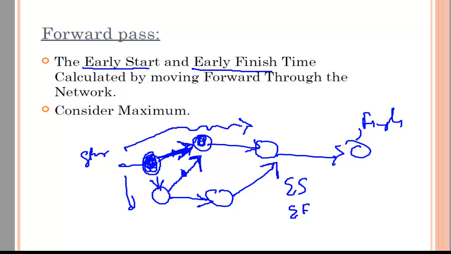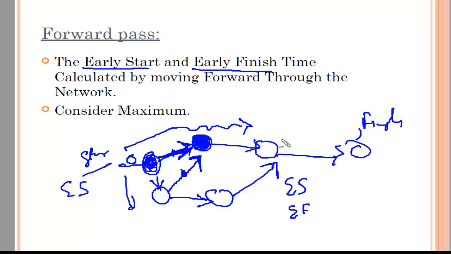When I calculate the maximum of these two, what we have in the beginning, the start node, is that the earliest start time for the start node is 0. We should know that the earliest start time for the starting node is 0. Now if I talk about this node, what is the earliest start time of this node? I need to calculate that.